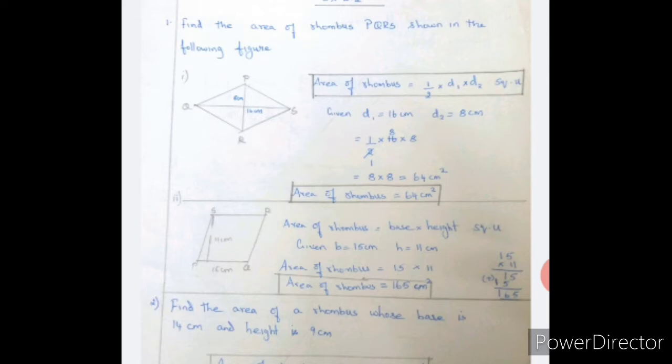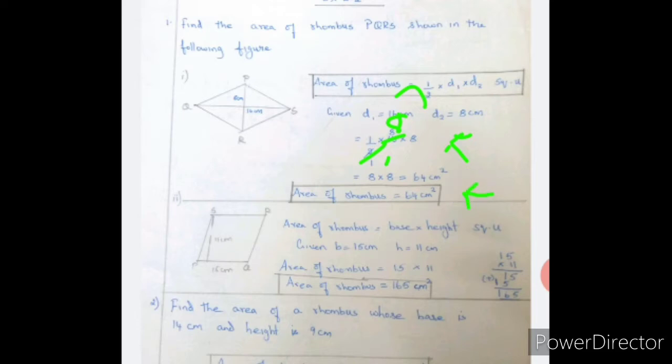Half into 16 into 8. So here simplify the sum. 2 ones are 16, 2 eights are 16. Now 8 into 8 will give you the answer as 64 centimeter square.